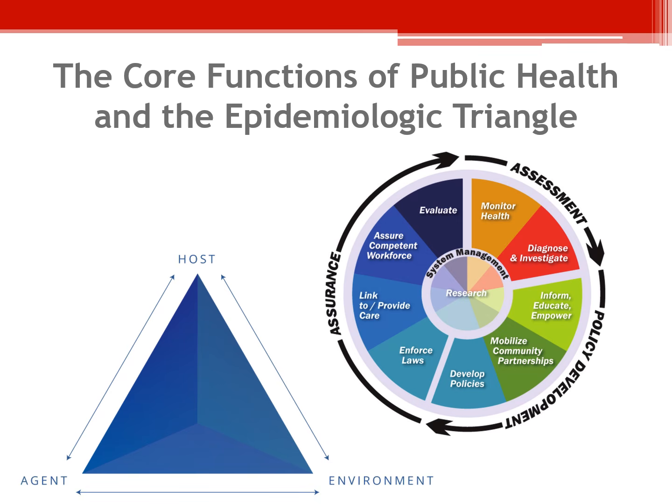There's the agent. That's the thing that's causing the injury or the illness, the thing that directly impacts the host and causes the injury or illness. Then there's the environment in which both the host and agent reside, and in some cases the environment helps foster these negative interactions between the host and agent that lead to injury or illness.